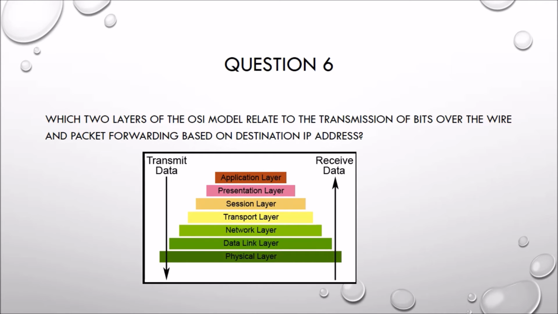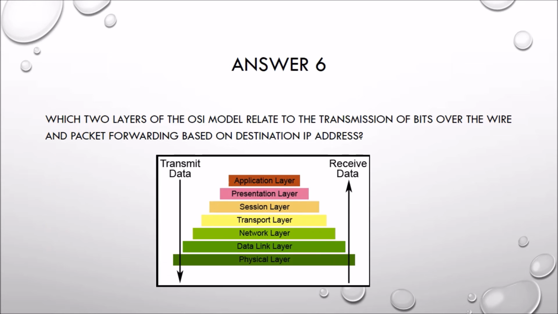Question 6. Which two layers of the OSI model relate to the transmission of bits over the wire and packet forwarding based on destination IP address? Is it layer 1, 2, 3, 4, or 5? Before I give the answer on this one, I want to specify that this is actually two questions combined into one.